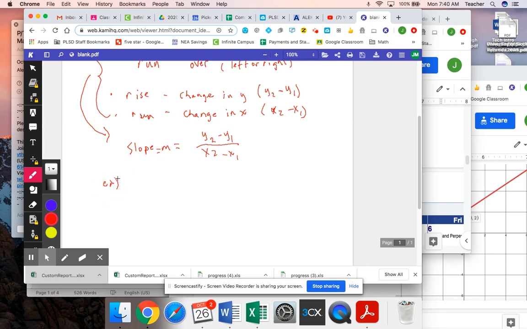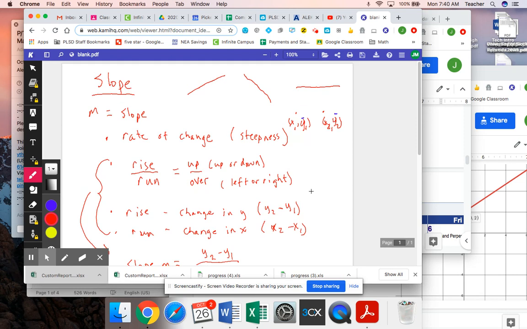For example, let's say I find 2 points, (1, 2) and (3, 4). The slope is the change in y, y2 minus y1, all over x2 minus x1. If I do that math, it is 4 minus 2 all over 3 minus 1. That's 2 over 2, or 1. My slope is 1. All right, that's an introduction.